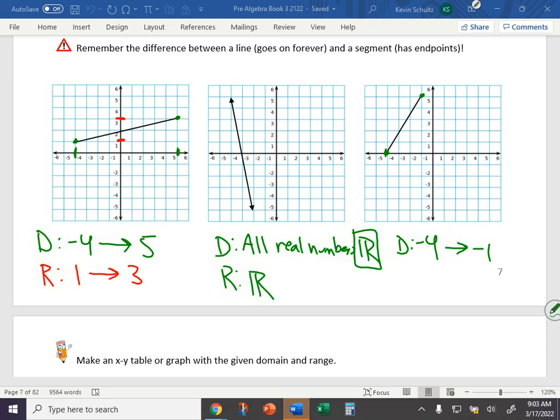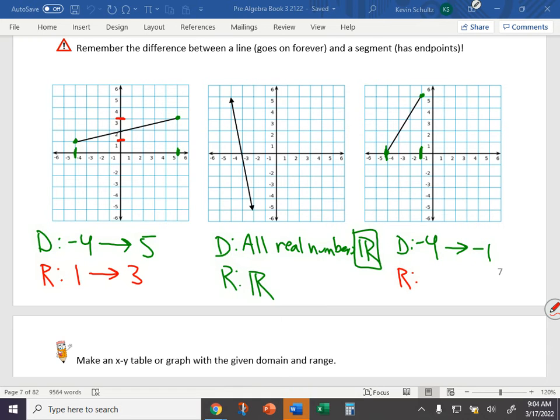Where this first point is, make a tick mark on the x-axis. Where our second point is, go down to the x-axis. That's where the segment travels within the x-axis. Then for the range, we'll do that with the y, in red. What's the lowest y value of this segment? Where on the y-axis does it begin?